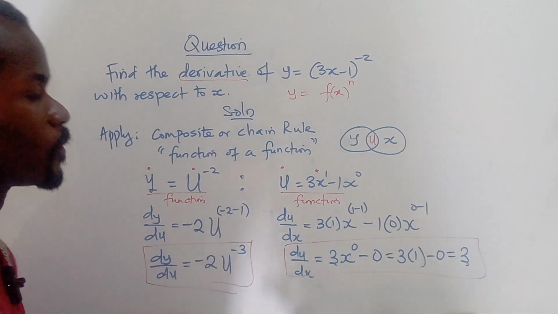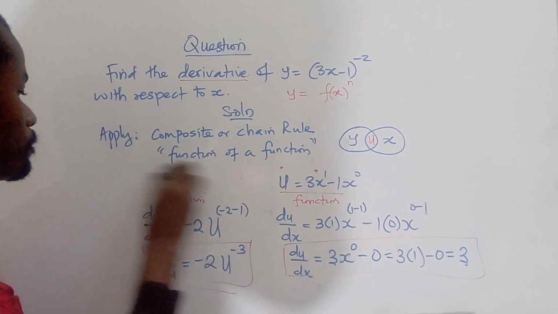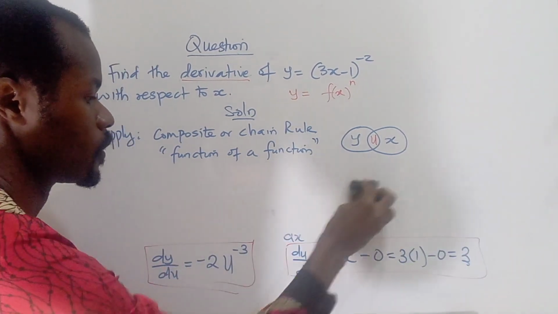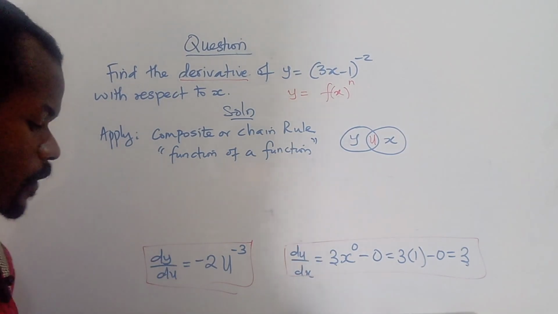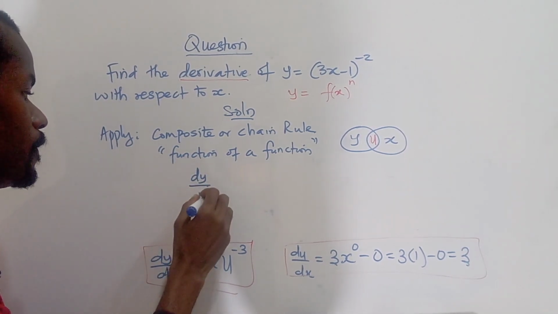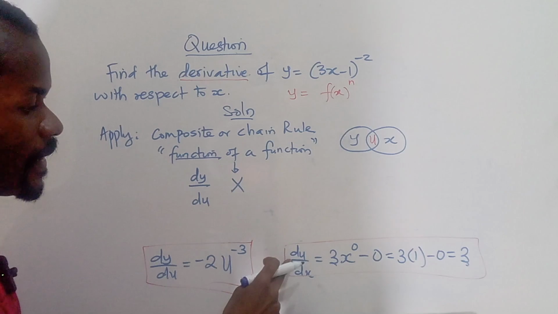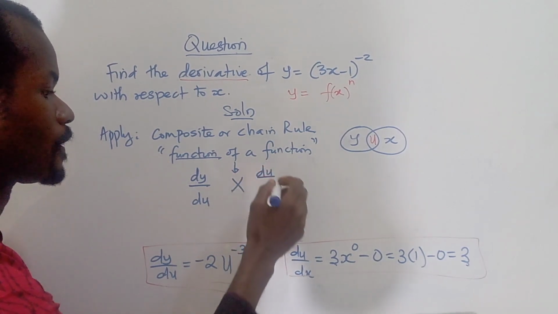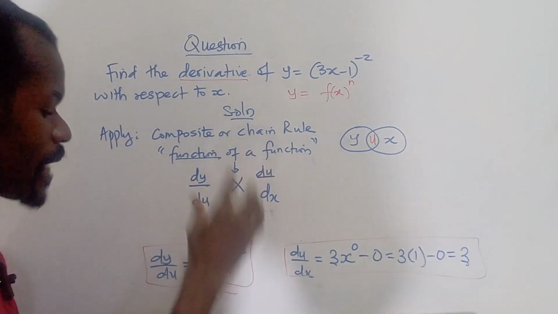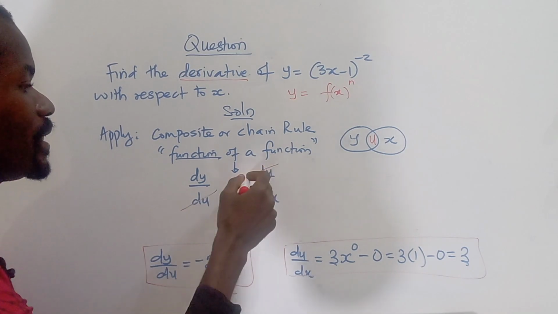Now we are going to apply the function of a function, or the chain rule. Let's quickly do that and see what the answer gives us. This is dy over du, that's the first function. The 'of' here means multiply. Then the second function is du over dx. If we multiply these, you will observe that du can cancel out du.